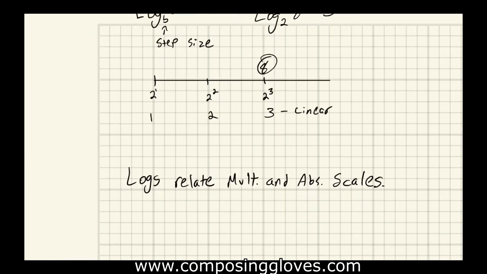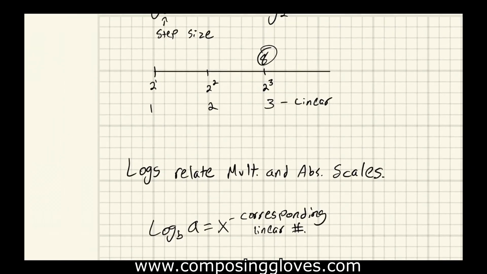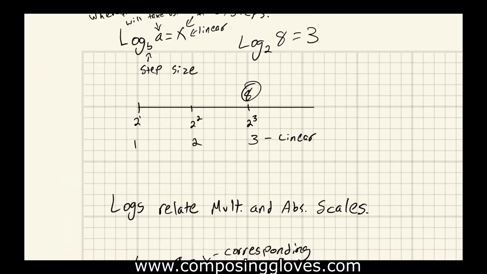So if we take the log base b of some number a, it will give us some corresponding linear number. And so now we can see, hey, these are relating linear and logarithmic scales, and that's why it allows us to go from Hertz to pitch.